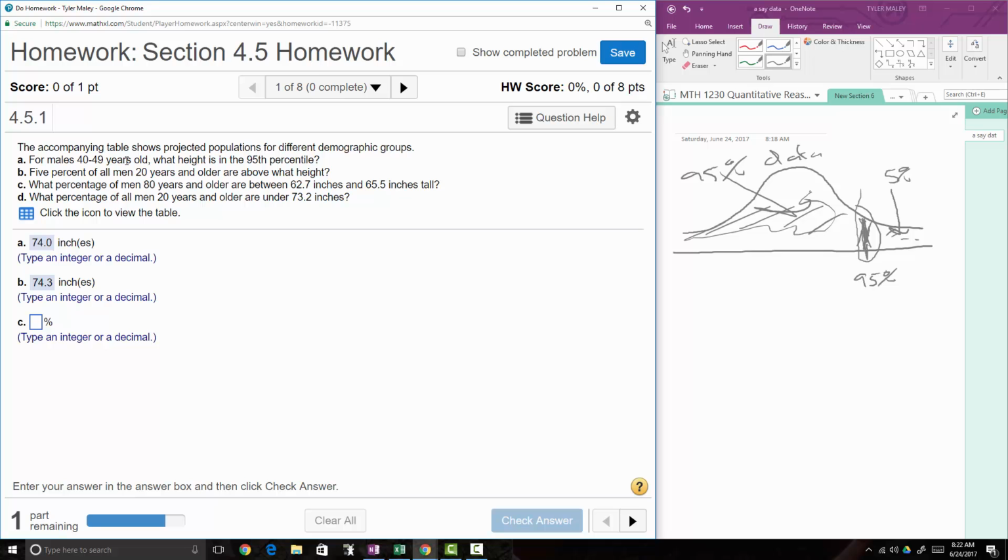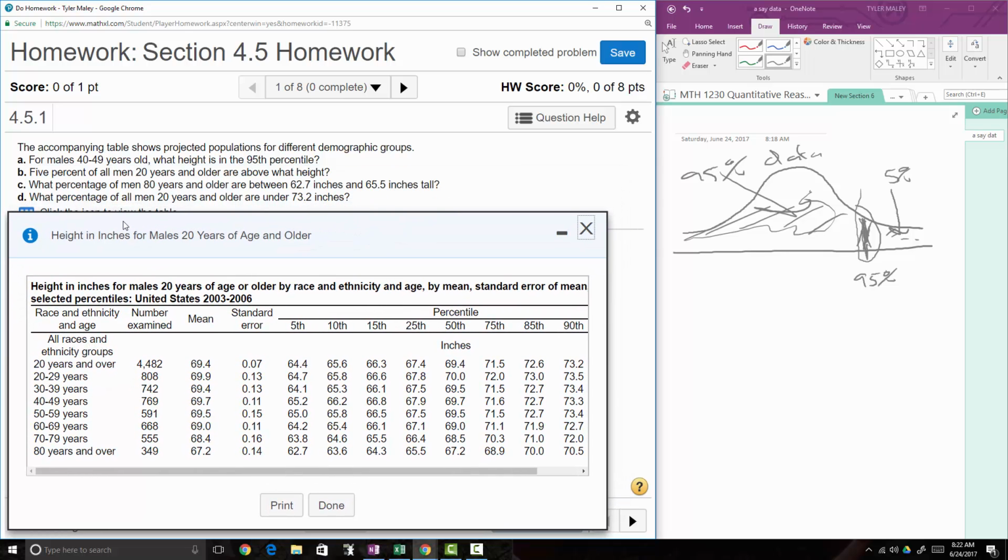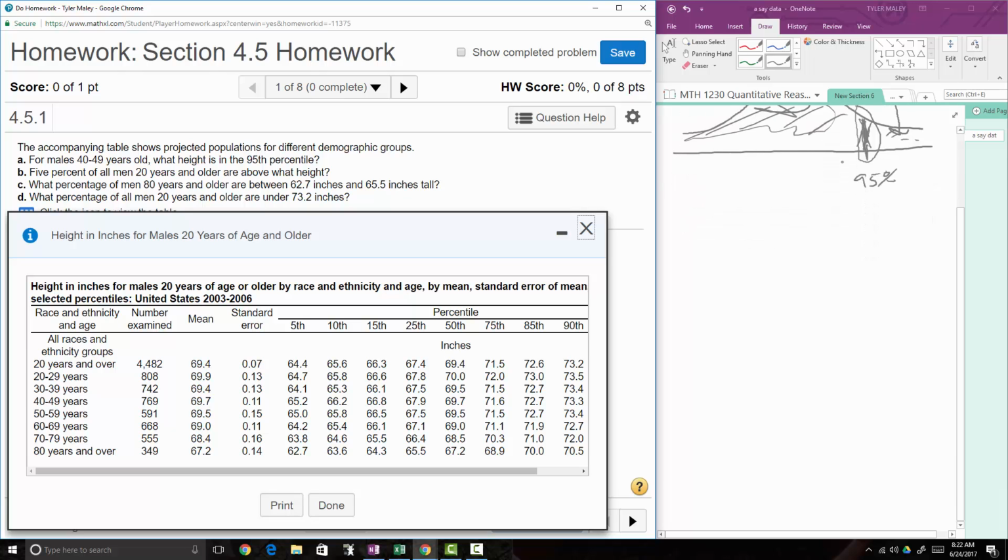Then part C says, what percent of men 80 years and older are between 62.7 inches and 65.5 inches? Let me draw another normal curve.